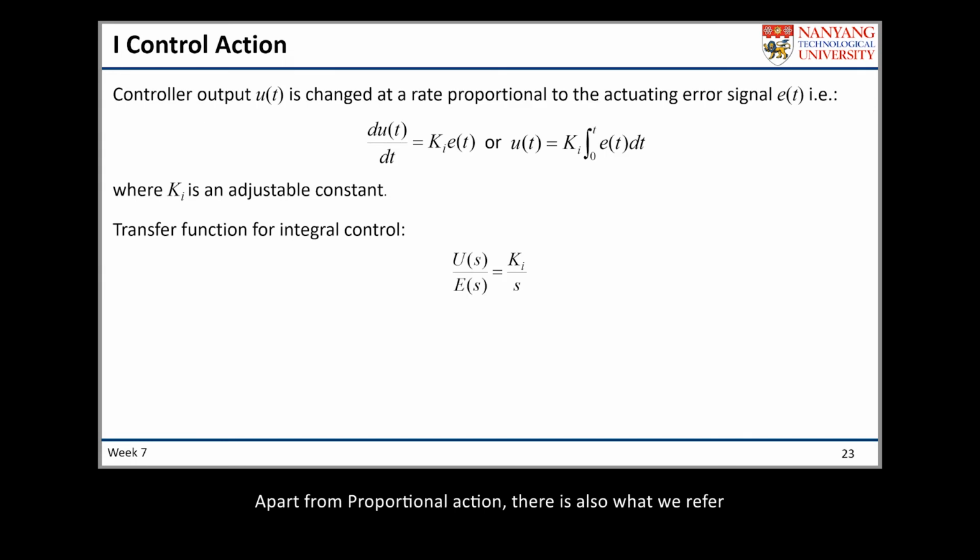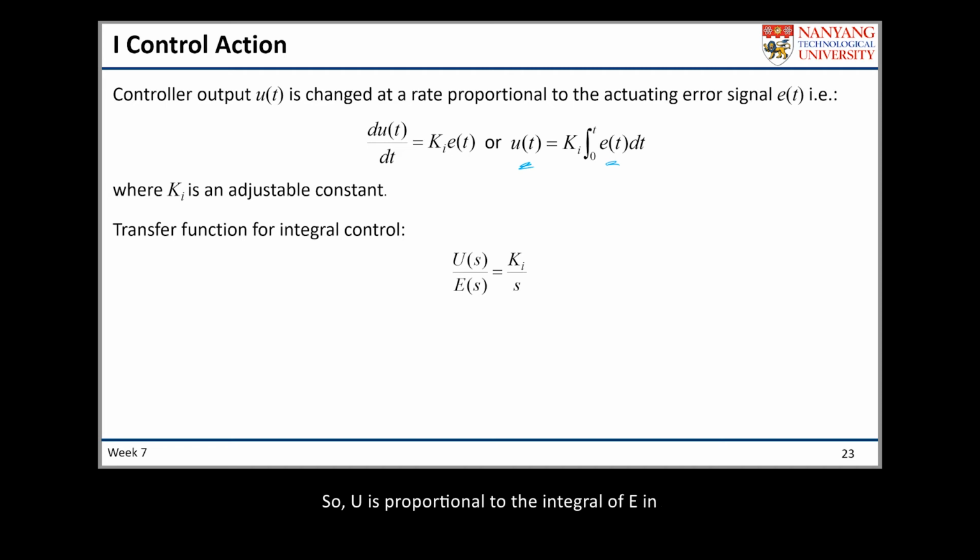Okay, apart from proportional action, there is also what we refer to as integral action. It's pretty analogous to the proportional controller. If in a proportional controller the relationship between U and E is proportional, in this kind of controller, the I controller or integral controller, the relationship between U and E is represented by an integral relationship.